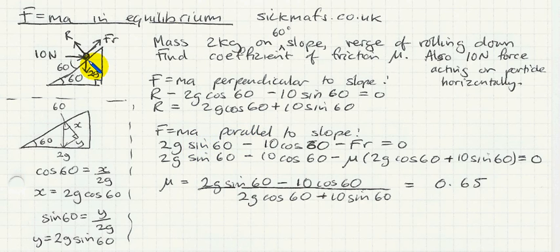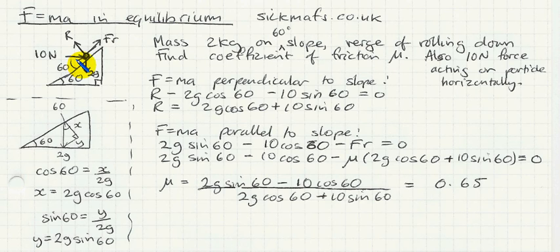So we're taking downwards as positive, as it looks like from here, 2g sine 60, and then all the forces going the other direction are the friction force, because it's on the verge of rolling down, it says. That means the frictional force has to be going in the opposite direction to the direction it will be moving or about to move. If it was on the verge of rolling up, then the frictional force would be acting in the other direction automatically.